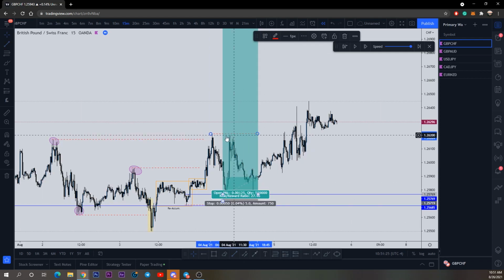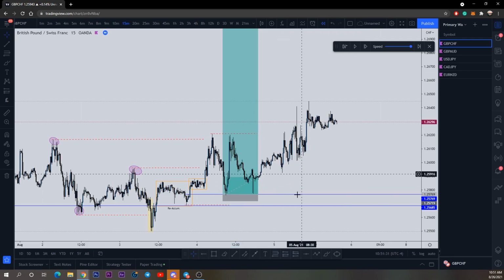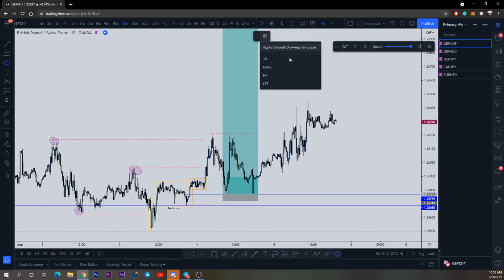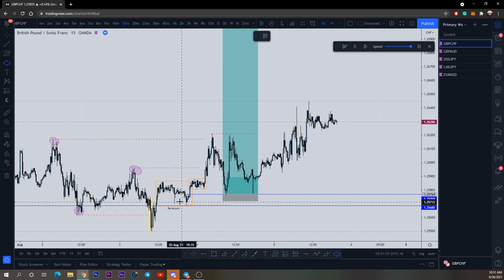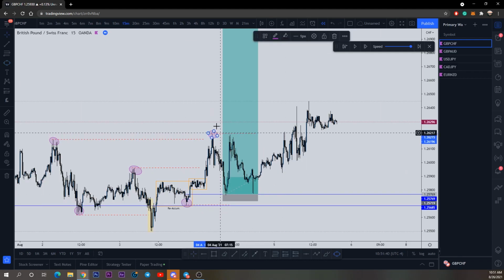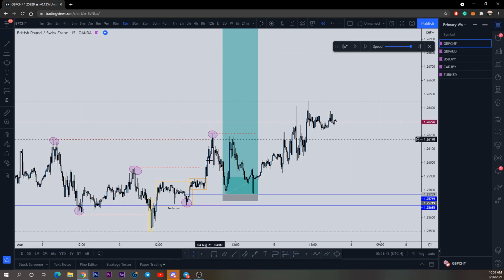This high never got broken, so technically in my rules, I would have still been in this trade, because I'm still looking at it as an order flow from low to high, right? So after we tapped in here, once my entry taps, I need this high to break before I can break even. Because this high was never broken, I never went to break even on this.